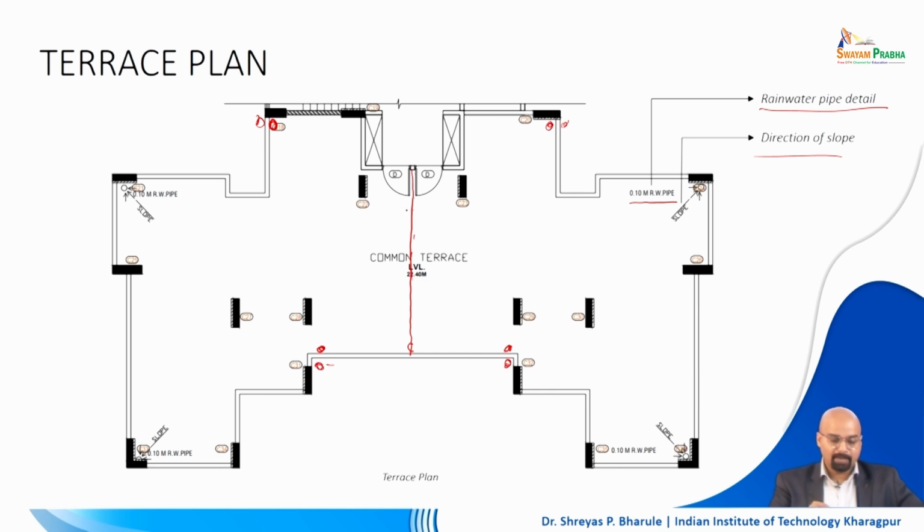So, what will happen is that you will always have the slope which will point towards this direction, right, and this area as well you will have slope which will point towards this direction, right.